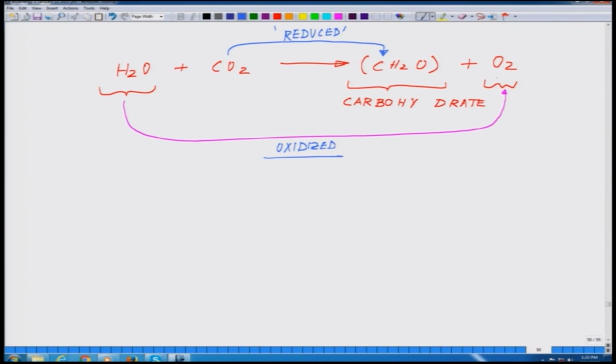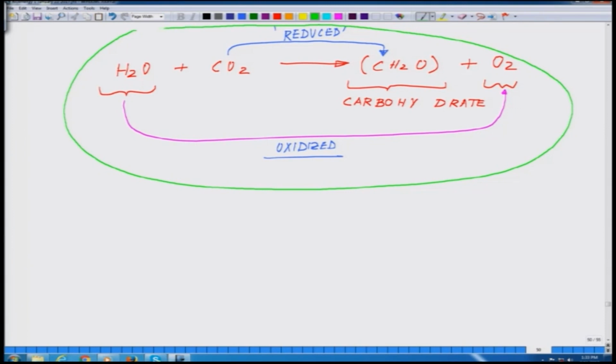Now, if you look at this whole thing, all of this is happening inside one organelle called the chloroplast.